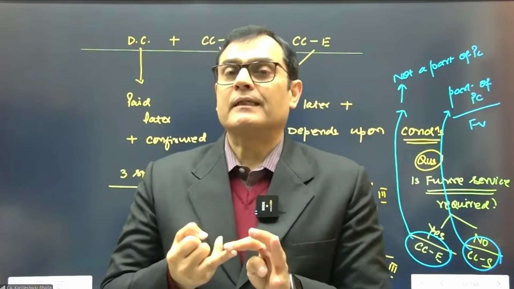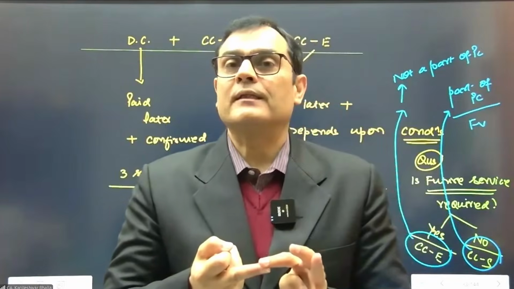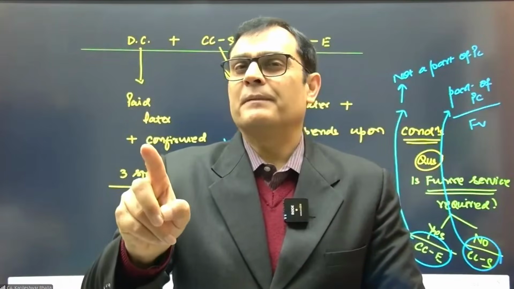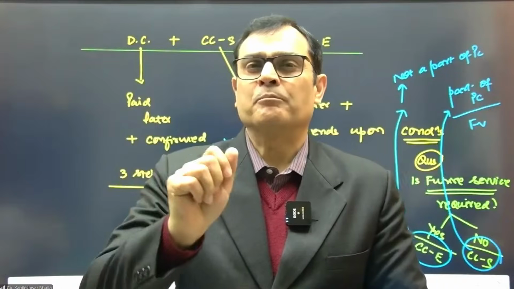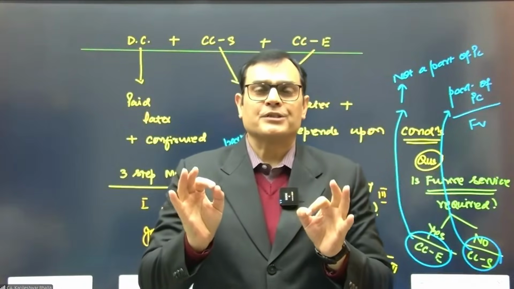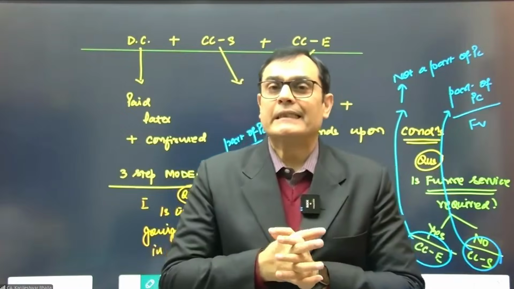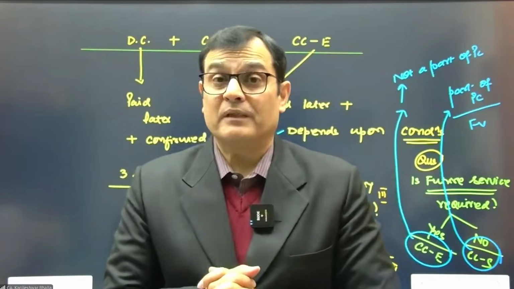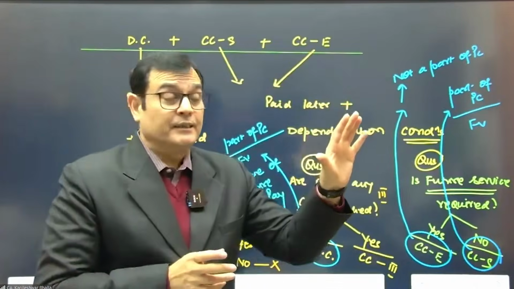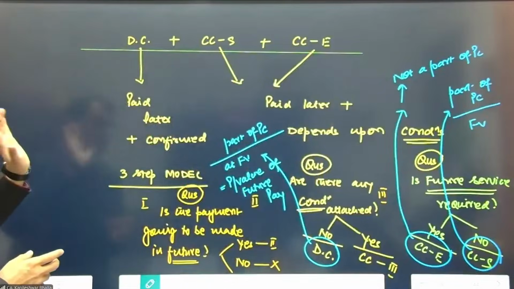Contingent consideration in the capacity of the shareholder or in the capacity of the employee, something which is paid in the future, but is dependent upon certain conditions, ifs and buts. So when you look at a CCE or a CCS, they're future payments, but dependent upon conditions. And therefore, I give you the connect that you're going to put across a 3-step model.